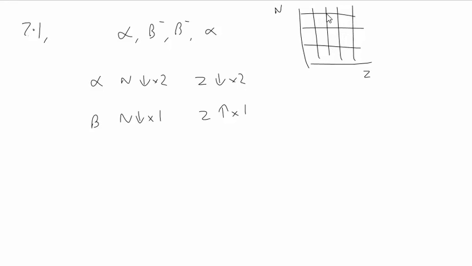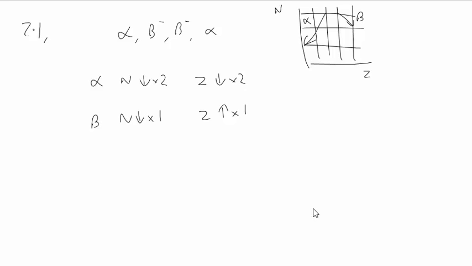So basically alpha is a line going like that. Beta takes N down by 1, Z up by 1, which is an arrow going like that for beta.